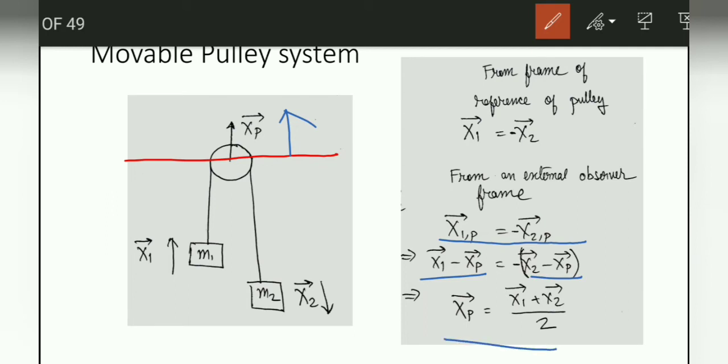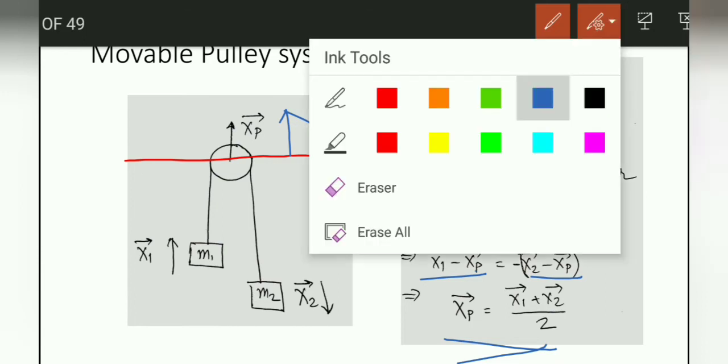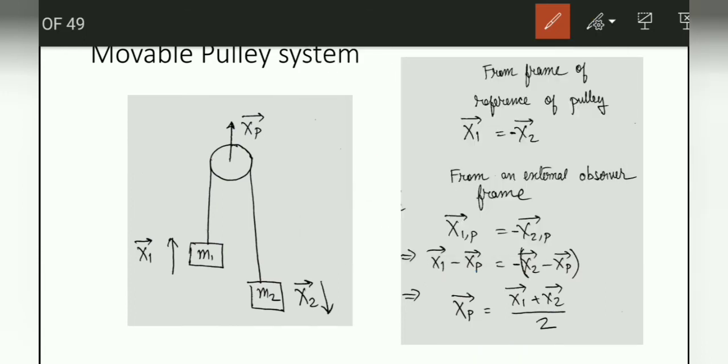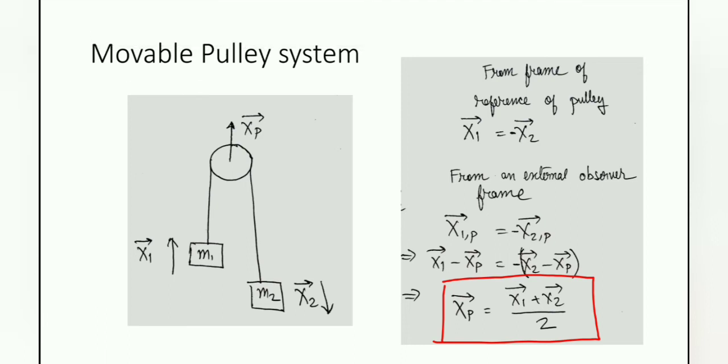So we take xp vector to one side, and xp vector will be x1 plus x2 by 2. This is a very important relation, and we will be using it to solve our problems. We have taken care of the signs here, and we will differentiate it once for velocity and twice for acceleration.